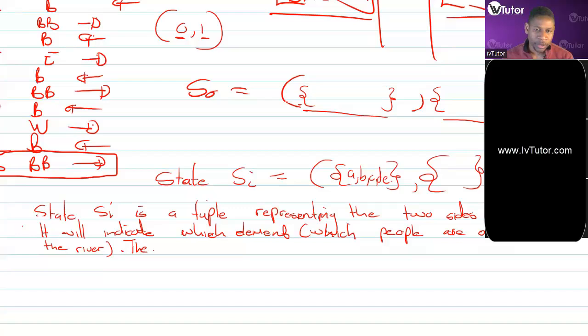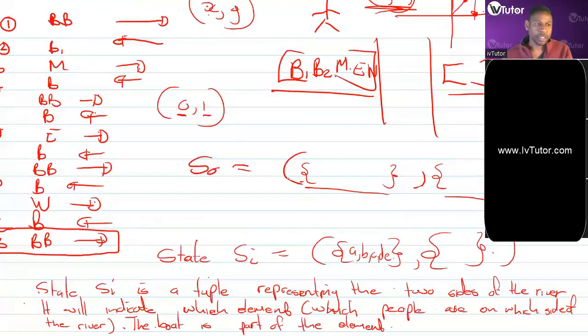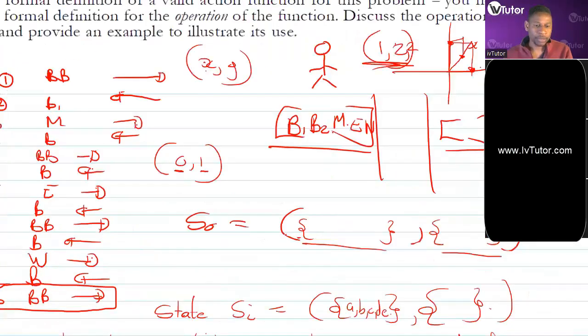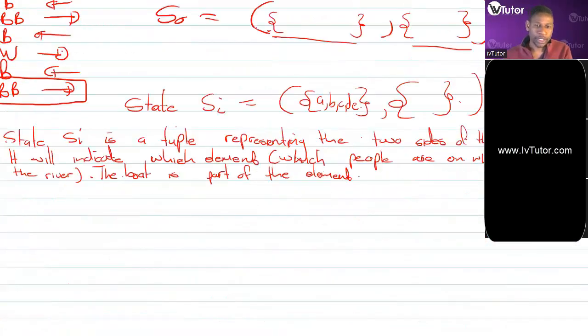The boat should be part of the set as well, because the position of the boat matters. So the boat is part of the elements.